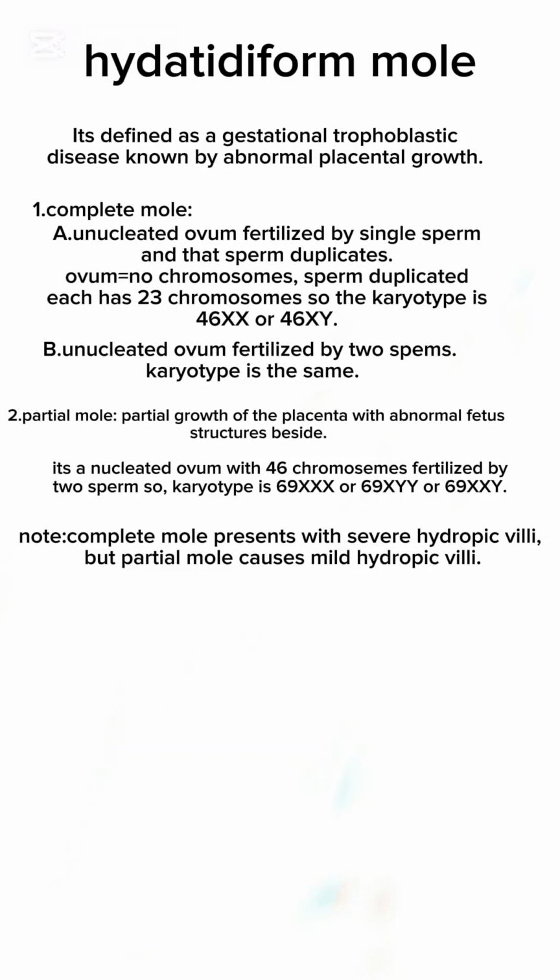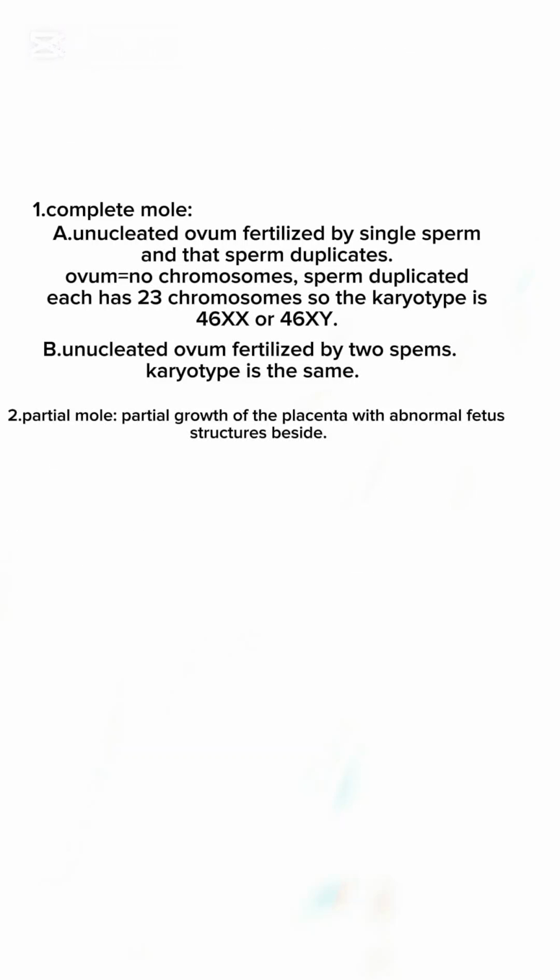In complete mole, there are severe hydropic villi, but in partial mole there are minimal hydropic villi. In complete mole there are no fetal structures beside the growth, but in partial mole there are fetal structures beside the growth. And complete mole has a higher risk of choriocarcinoma, but partial mole has a lower risk.